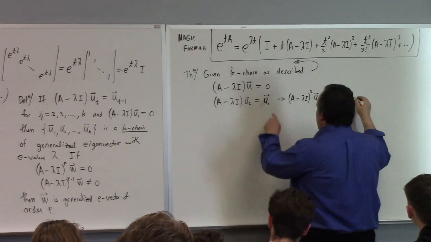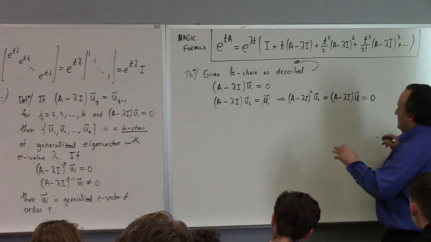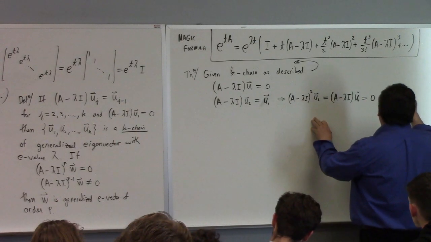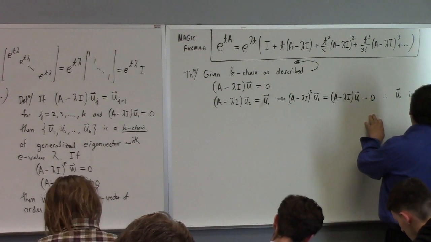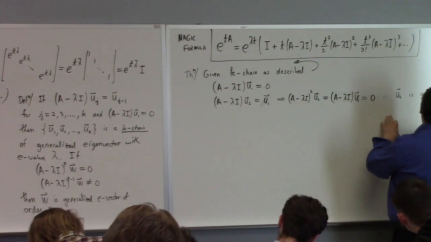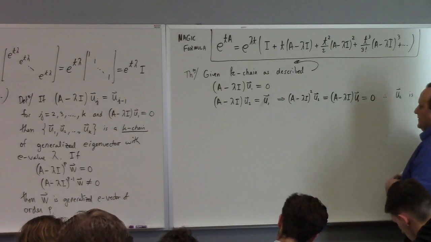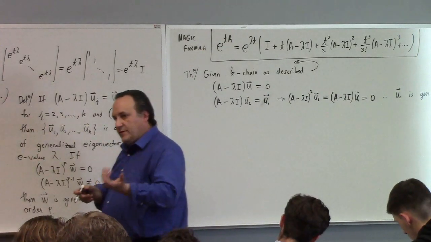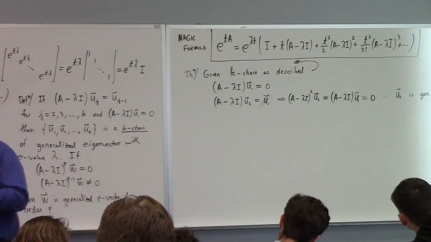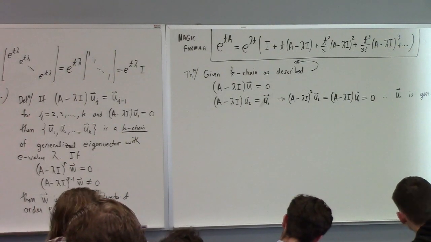What was (A minus lambda I) u1 equal to, though? By assumption, that was 0. So therefore, u2 is a generalized eigenvector of order 2. It's a generalized eigenvector of order 2 because (A minus lambda I) squared acting on u2 is 0, yet (A minus lambda I) acting on u2 is equal to u1, which is not equal to 0.